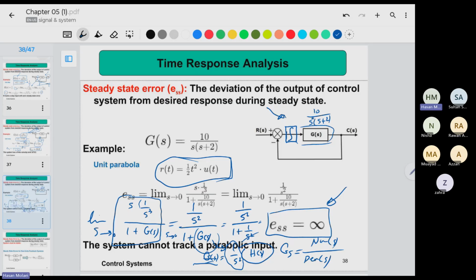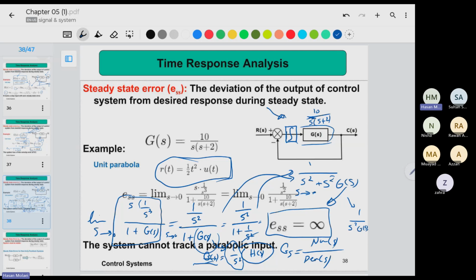If you want to have 0 error, what should we do? Can I write here? I thought here we had 1 over S squared. The error is 1 over S squared plus S squared G of S. If I approach S to 0, it would be 1 over S squared times G of 0. If G of S doesn't have any factor of 1 over S squared, this would be infinite.